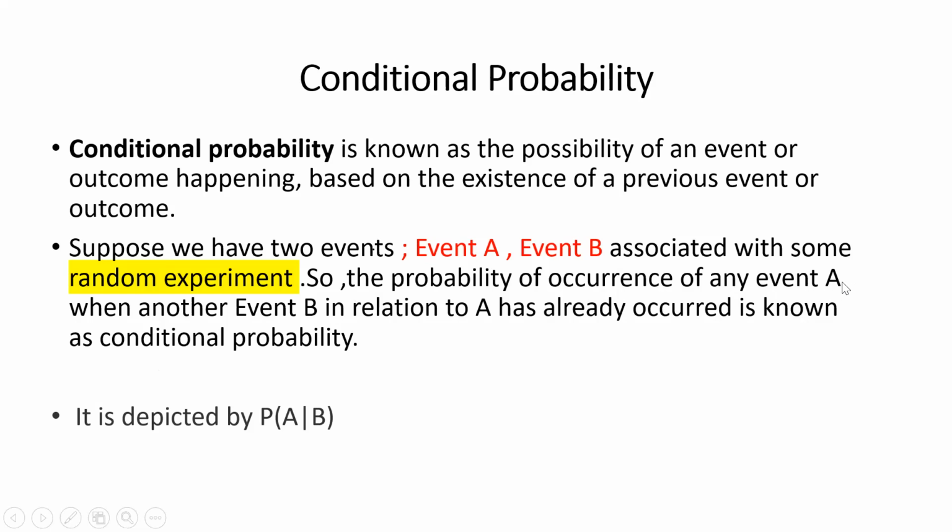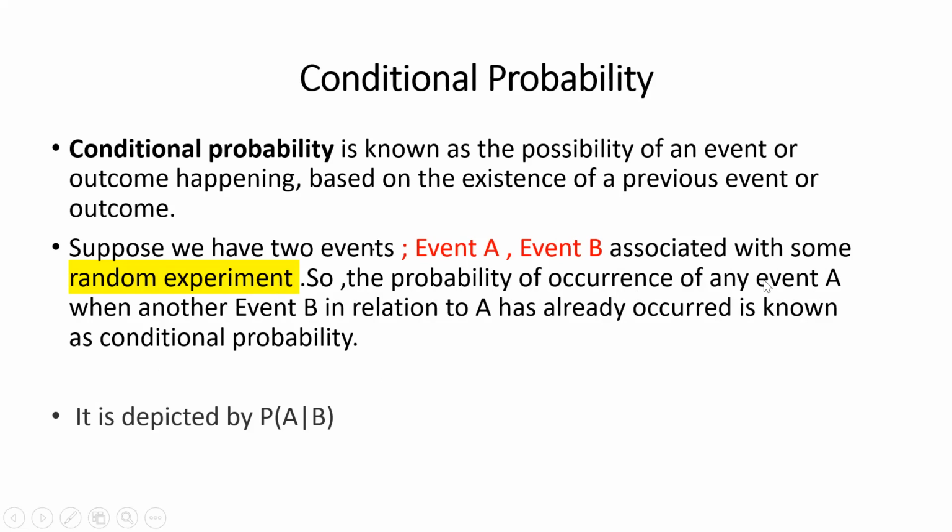So for some event A, we are finding the probability of occurrence, and it is already in a relationship with event B, right?